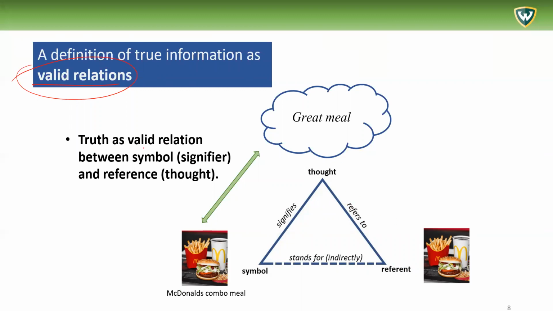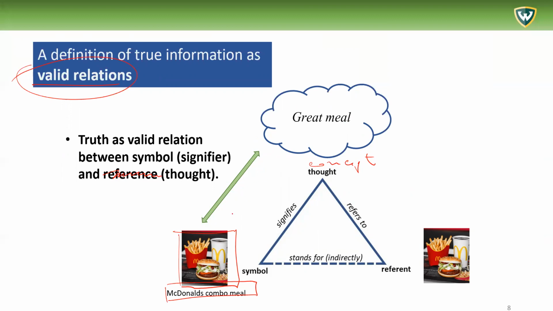So truth can be a valid relation between the symbol or signifier and the reference. Another term here is thought-reference, but I'm not really using this one; I use thought or concept more. So if you see a symbol, an image in an advertisement, or maybe you just read the title, McDonald's combo meal, and this image has a concept of great meal, and this is a valid, accurate, true relation, then we say this is a valid relation.